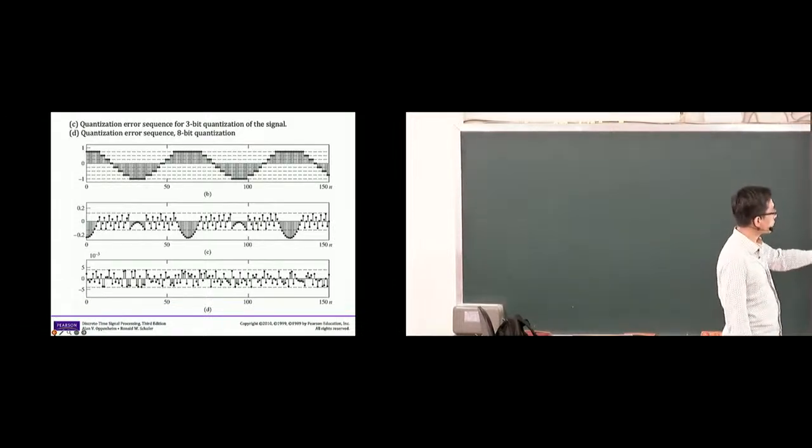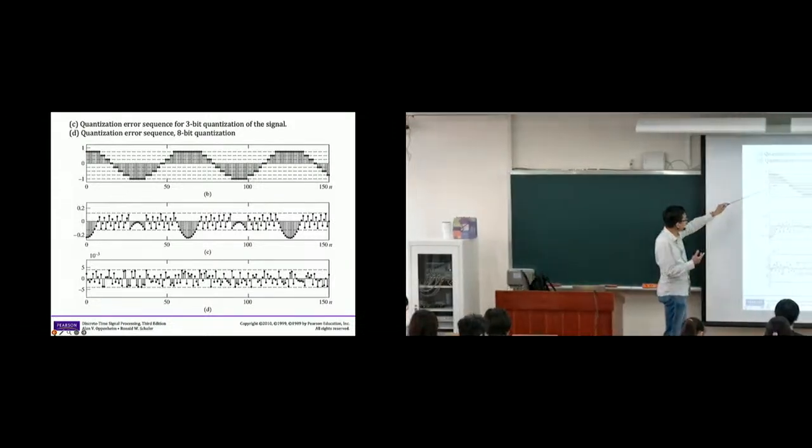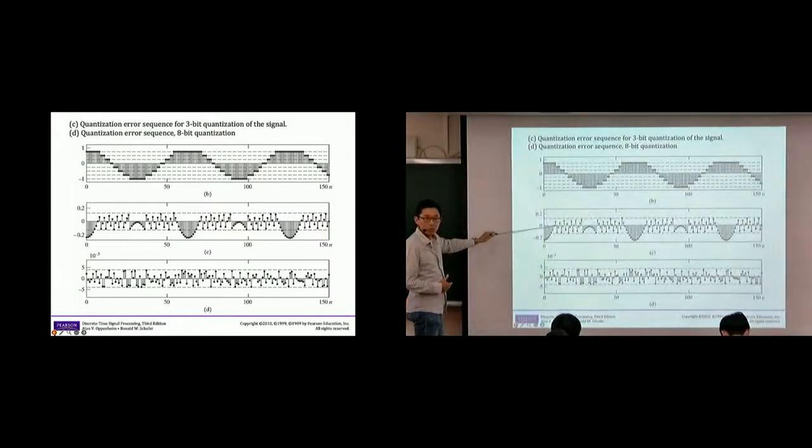This is the output. As a brain teasing exercise, if we sum up this one and this one, it equals the original signal before quantization, because error is defined as the output subtracted by the input. That's the approximation error when we have only 3 bits for quantization.